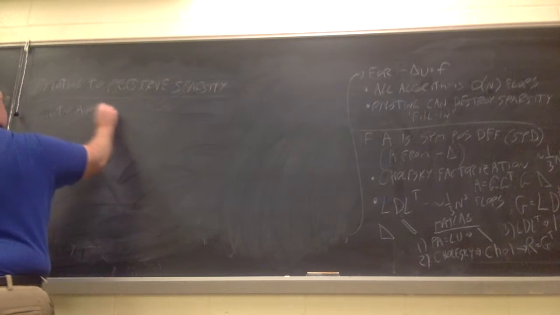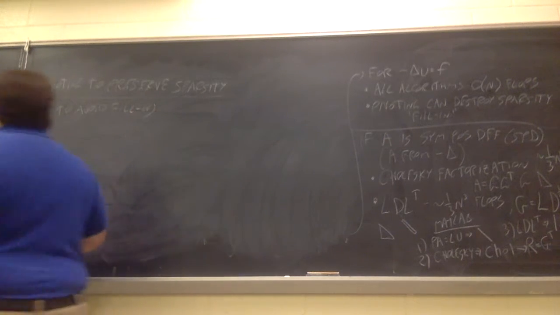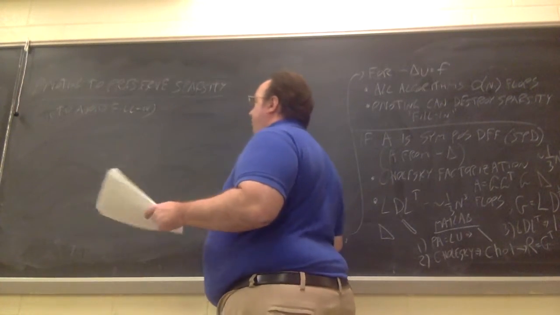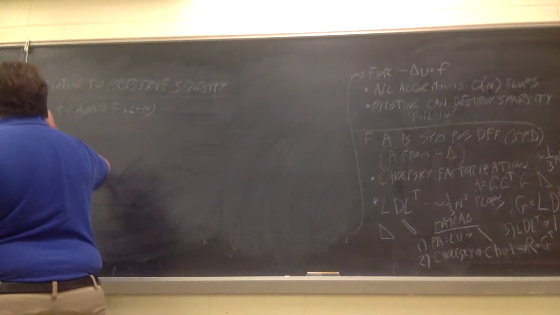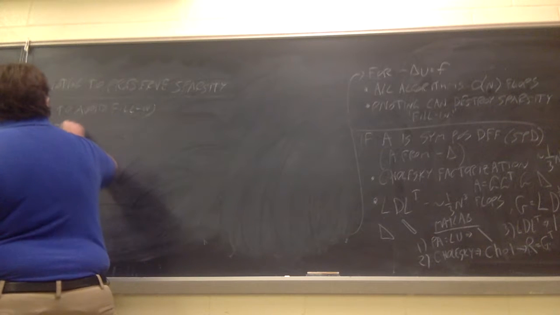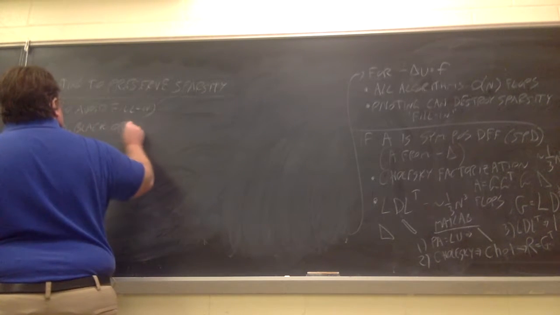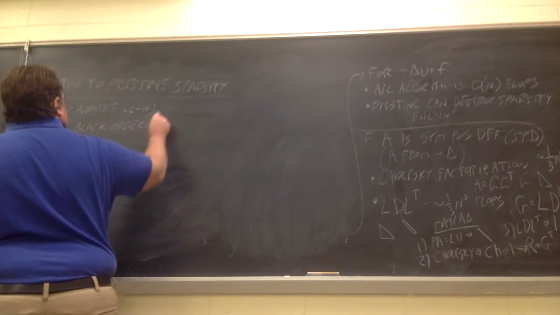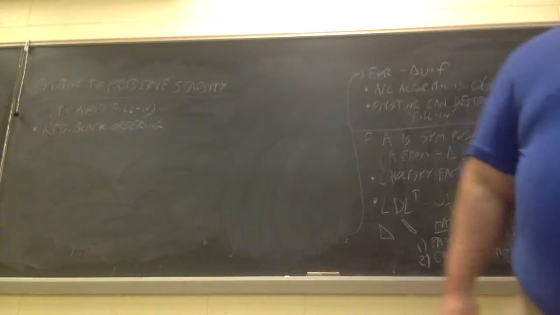How do we avoid fill-in while still getting the benefits of pivoting? So one tactic I already mentioned, in certain cases, is red-black ordering. That's a way of rearranging rows and columns.